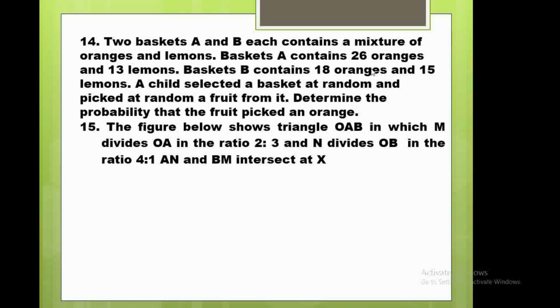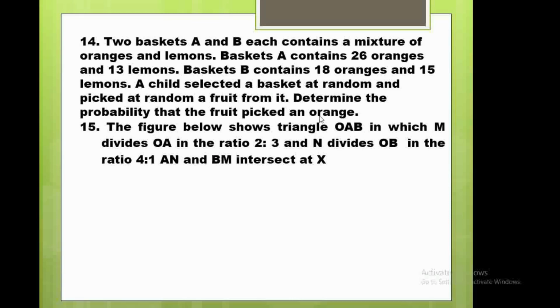Basket A contains 26 oranges and 13 lemons. Basket B contains 18 oranges and 15 lemons. A child selected a basket at random and picked at random a fruit from it. Determine the probability that the fruit picked is an orange. Okay, that is question 14.